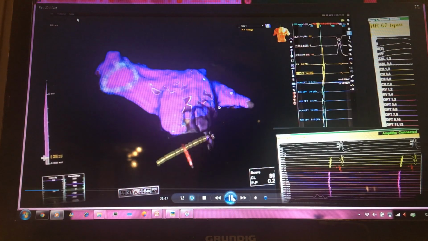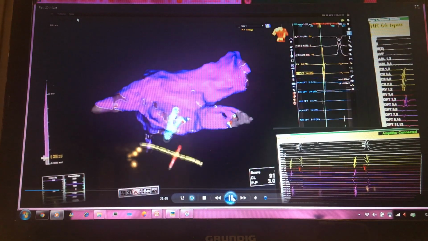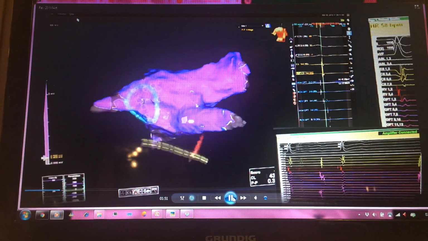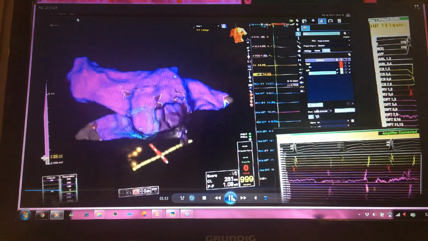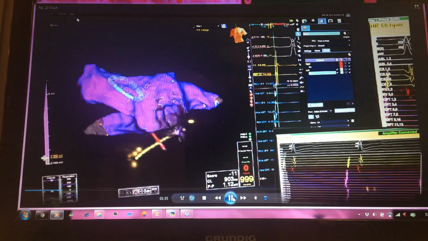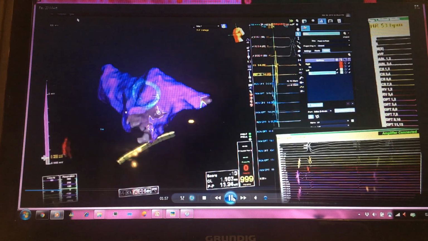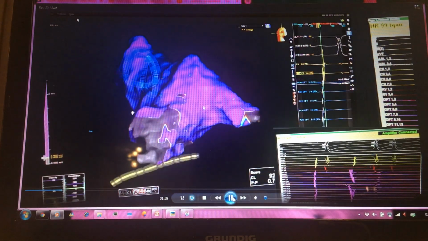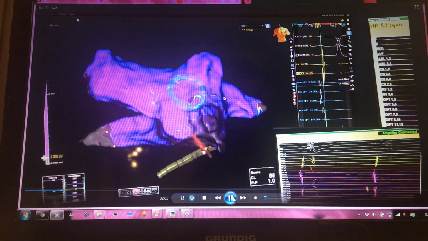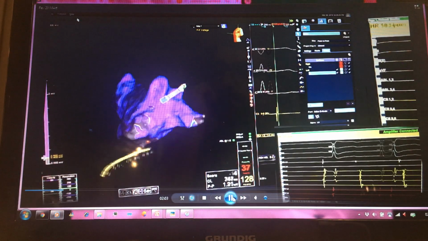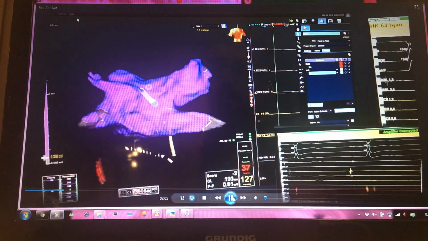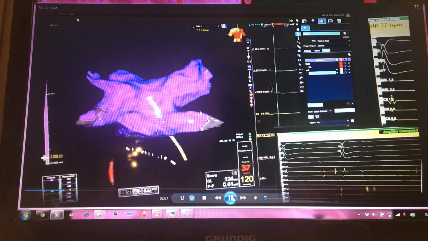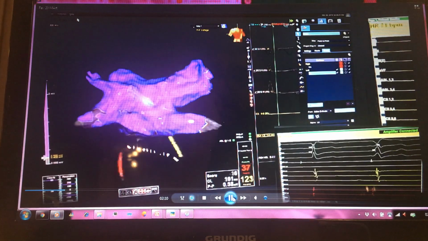After completing left atrial mapping, we will exchange the Optima catheter with the RF catheter, and then we will check again whether there is any untouched tissue with the Optima catheter.